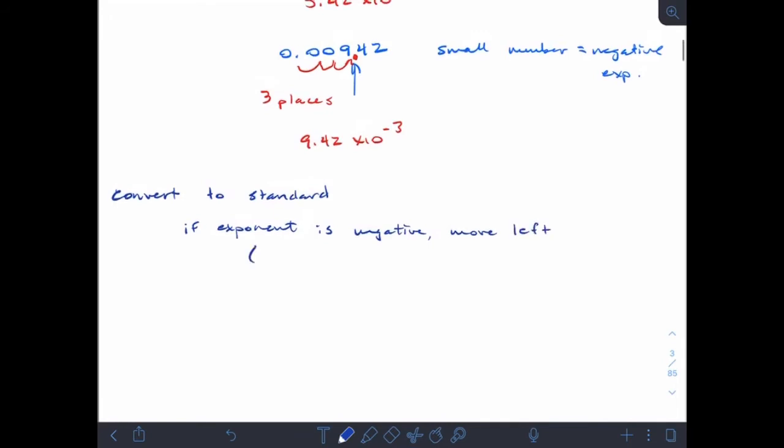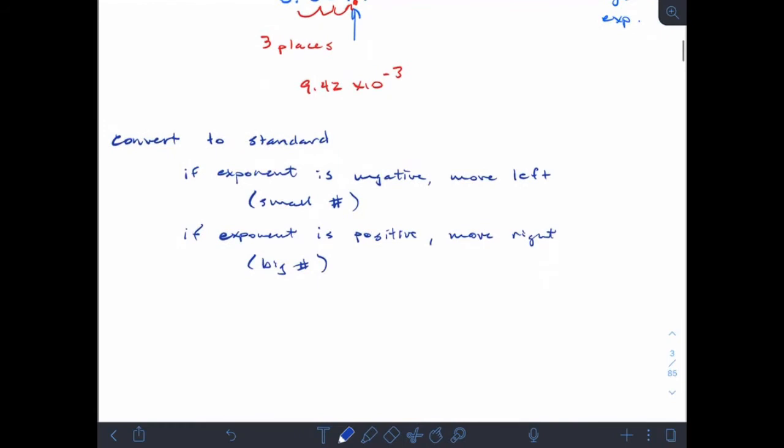Again, we're going to take our scientific number and make it into a small number. All right, so conversely, if the exponent is positive, we move right. We're going to take our scientific number and make it a big number.